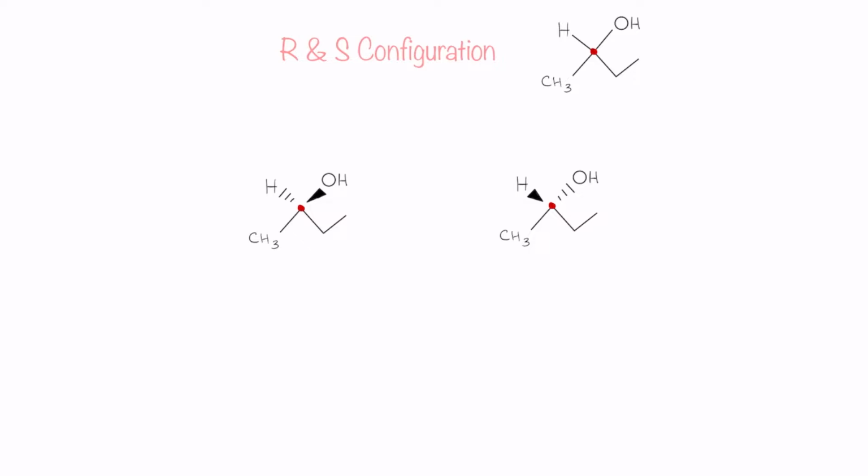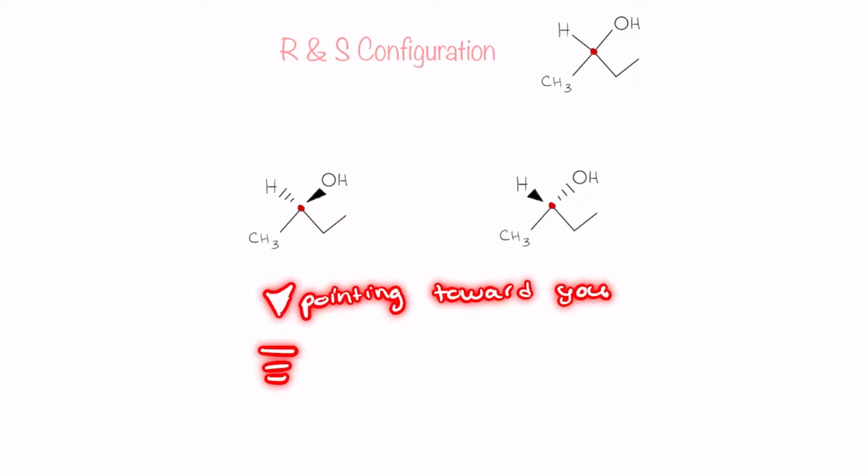Remember that these are 3D structures, so the wedges here indicate that the group is actually pointing towards you, while the dashes indicate that the group is actually pointing away from you.